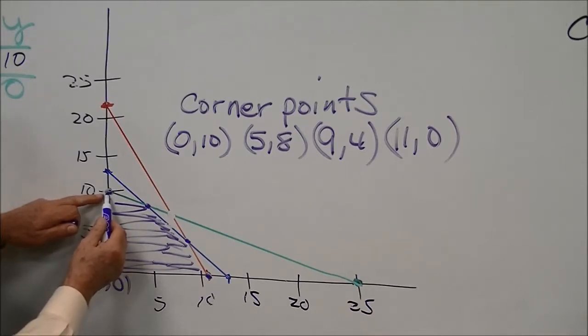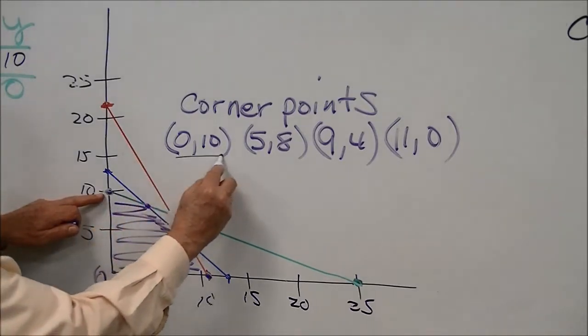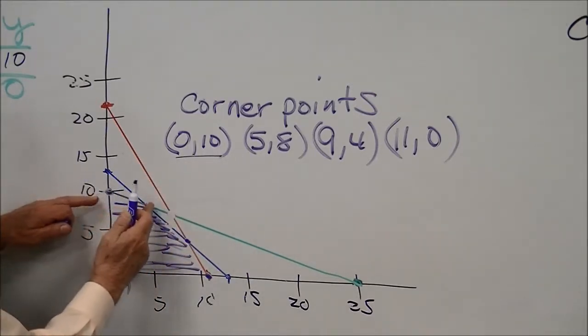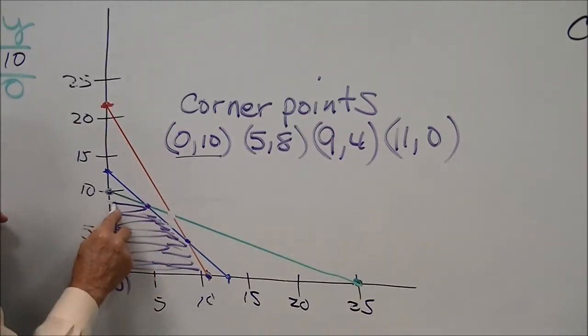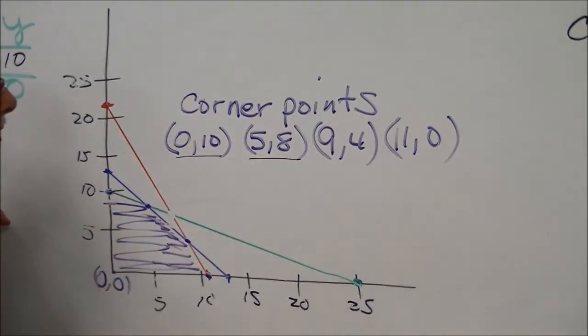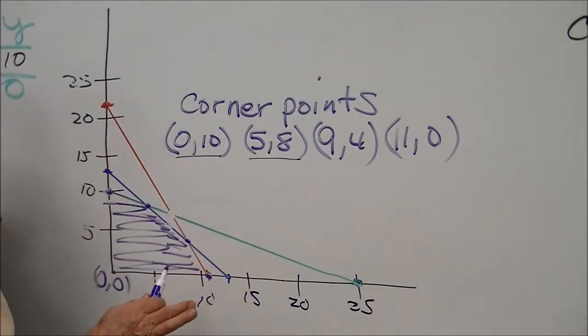This one is going to be 0, 10. That's our Y-intercept. This one out here is going to be at 5 and 8, right over there. Again, my graph is pretty good, and I'm using a ruler, so that helps.